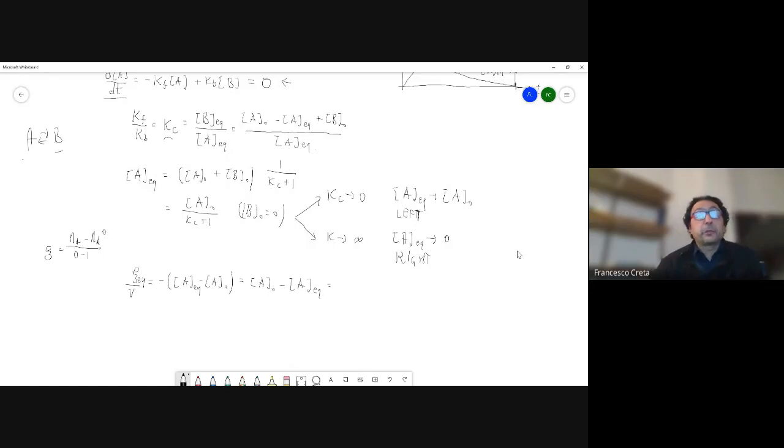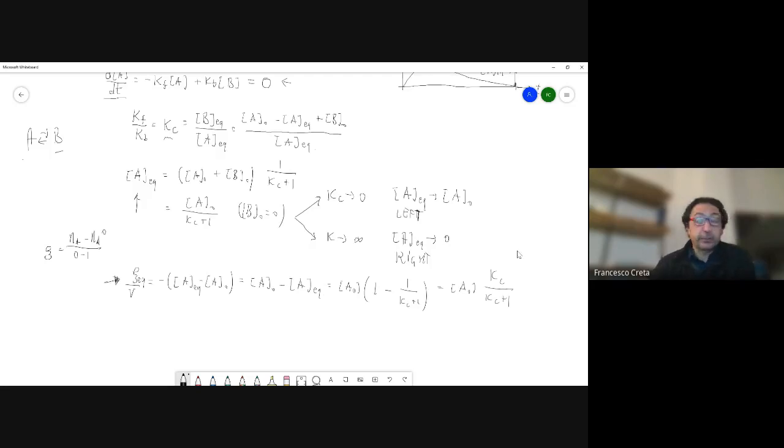And if we substitute now the expression for A of equilibrium, we essentially have A0 multiplying 1 minus 1 over Kc plus 1, which is simply A0 Kc over Kc plus 1. So this is essentially the progress variable at equilibrium.